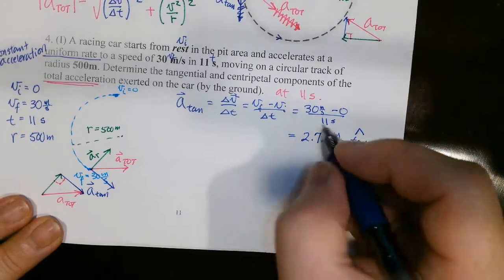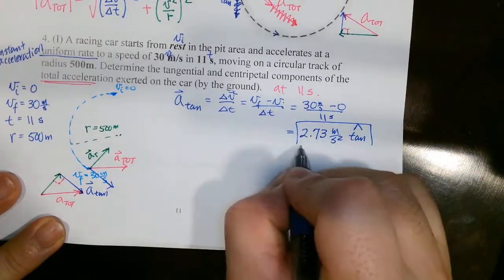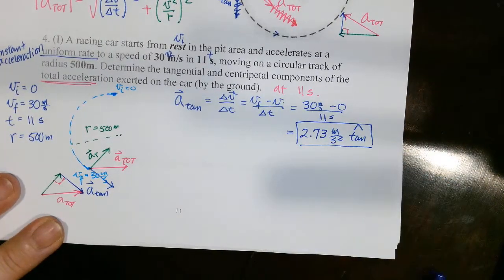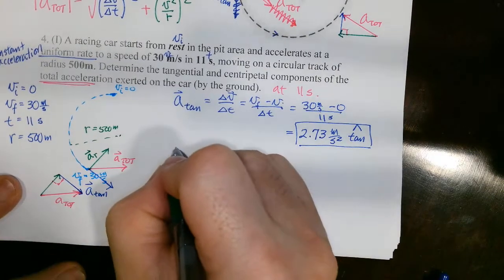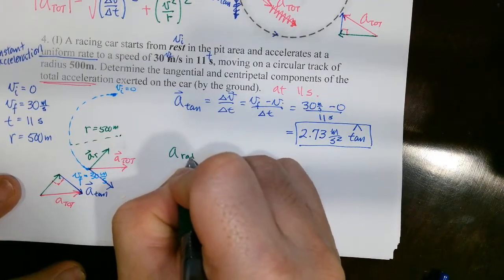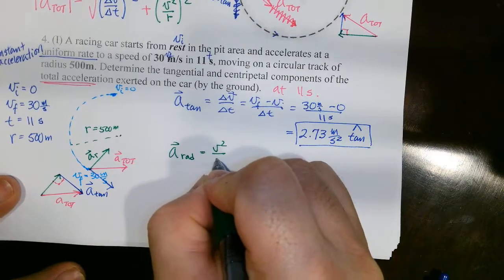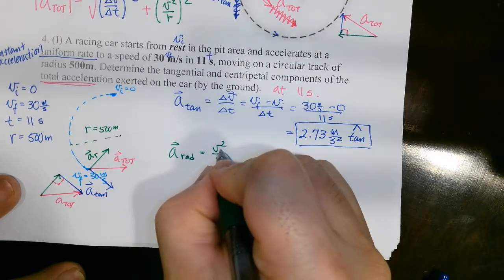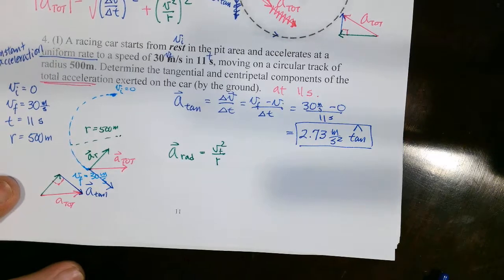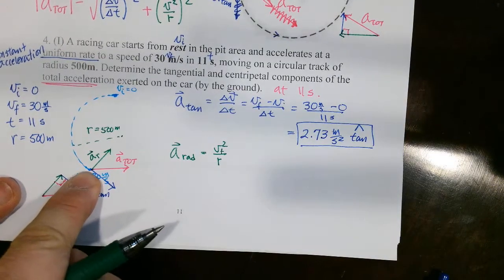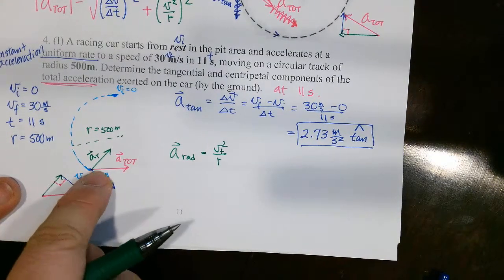For A radial, at this point, it is V squared over R. But this V is V final, because at this point it's moving at 30 meters per second.